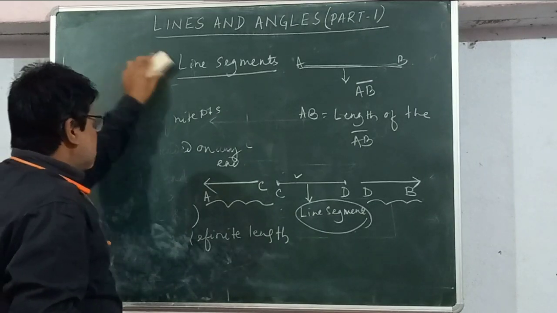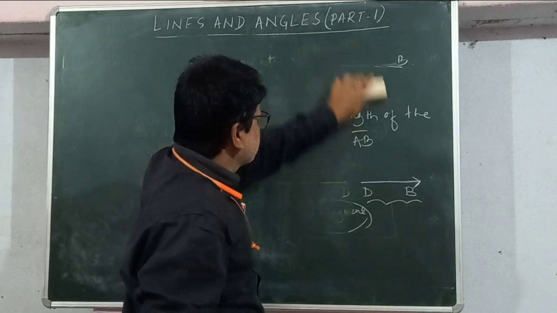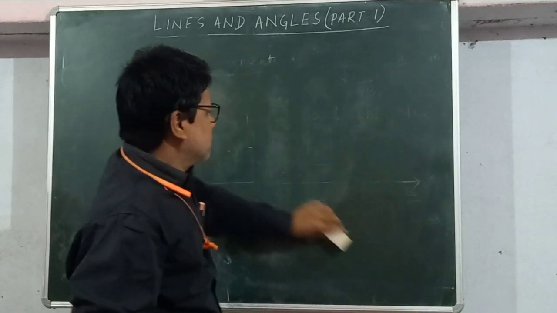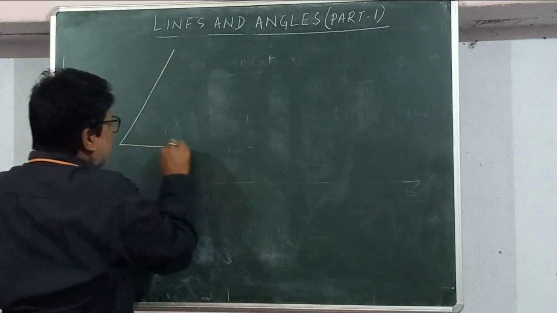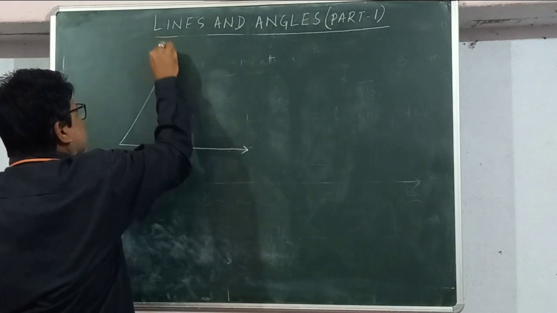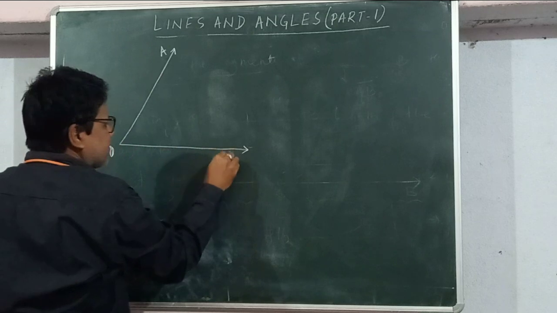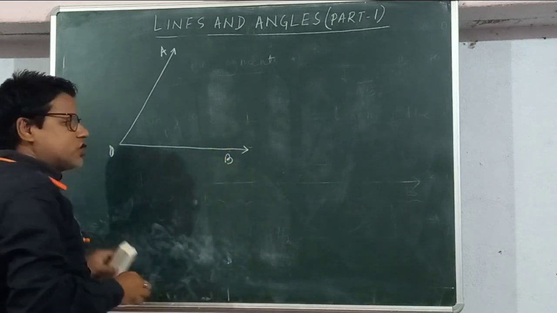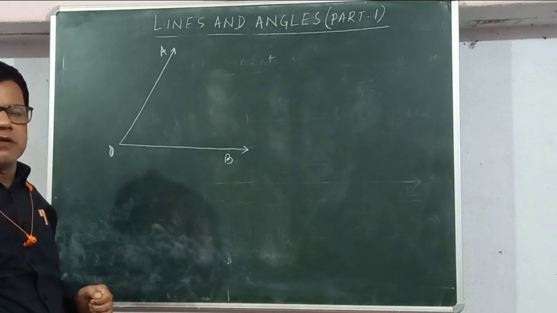Now comes angles. An angle is a geometrical figure which is obtained by two rays having a common endpoint.